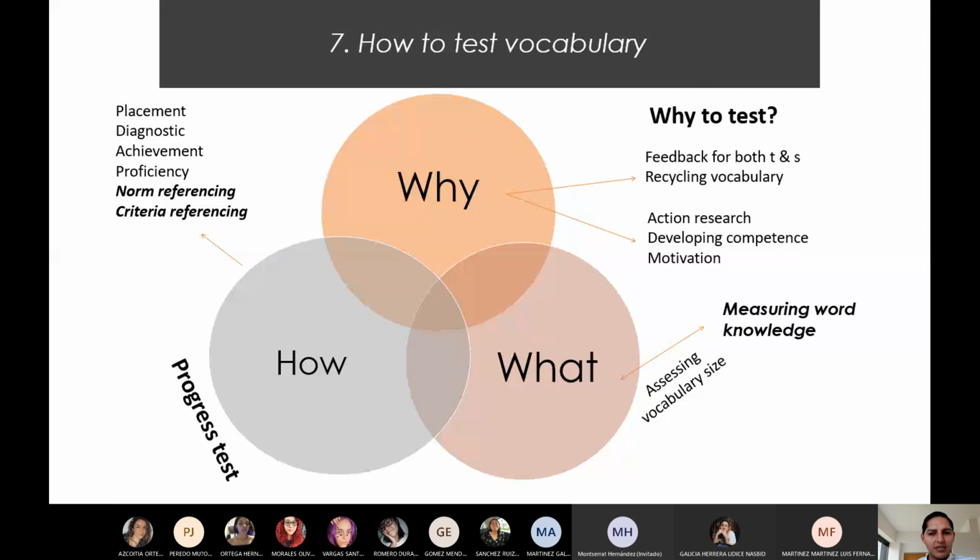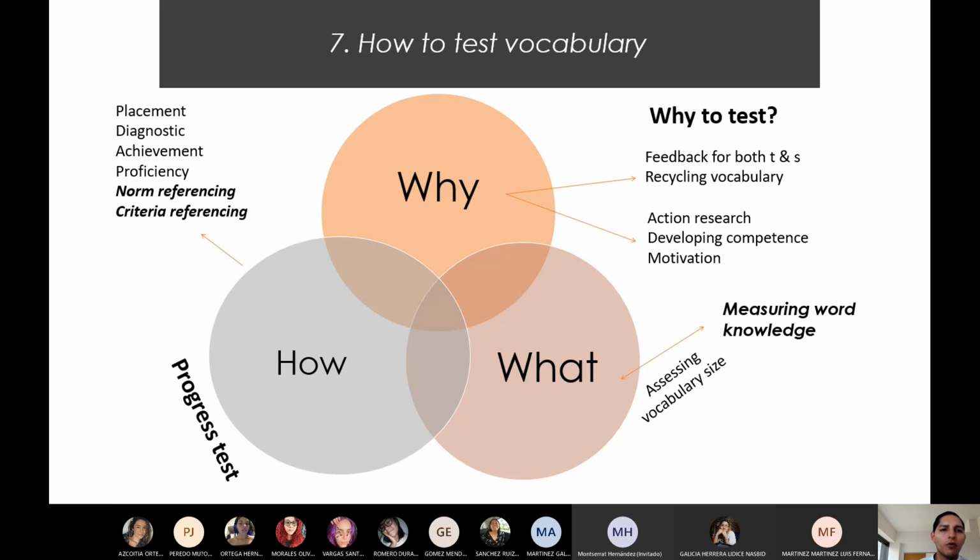What do we need to test when we are teaching vocabulary? Well, vocabulary size, the amount of words that students learn, and word knowledge, competence, that is whether they are able to use the words properly in context. And how do we test them? Well, we have progress tests, placement tests, diagnostic, achievement, and proficiency tests.